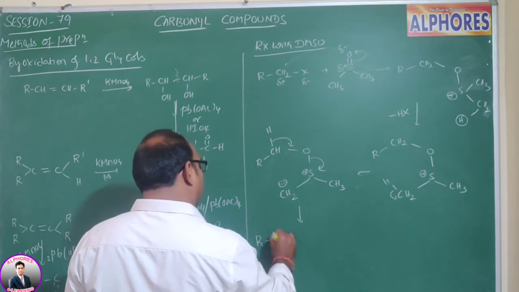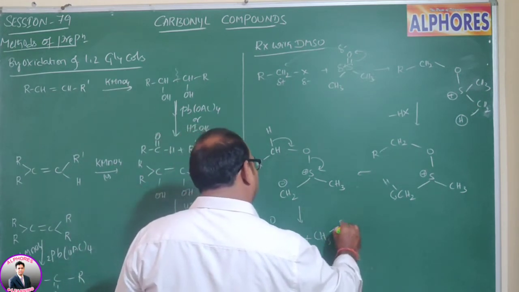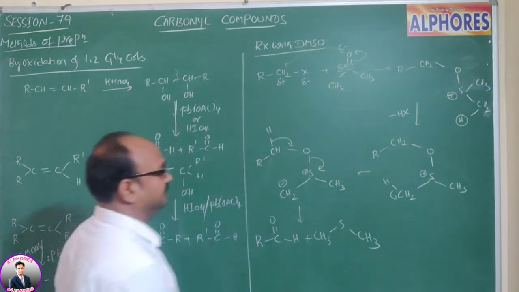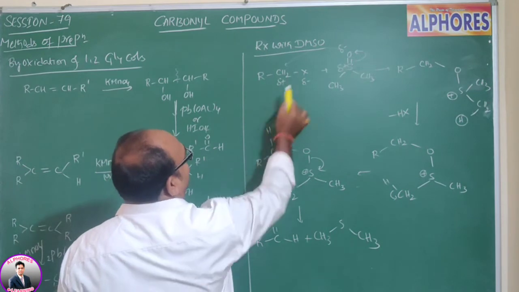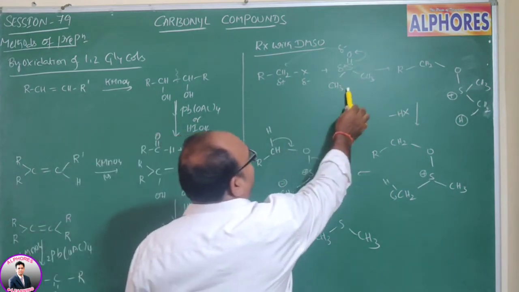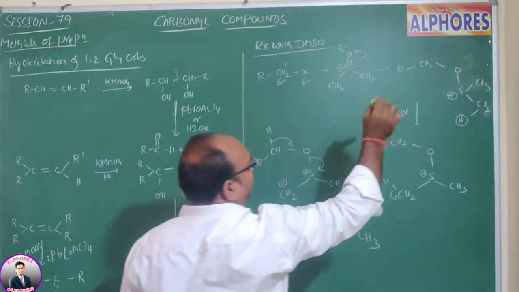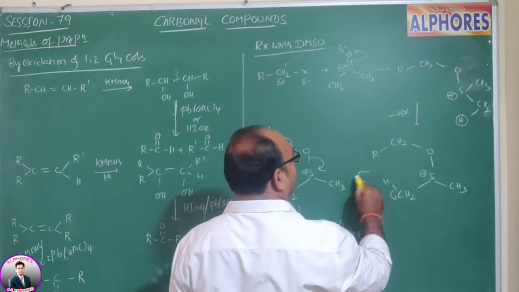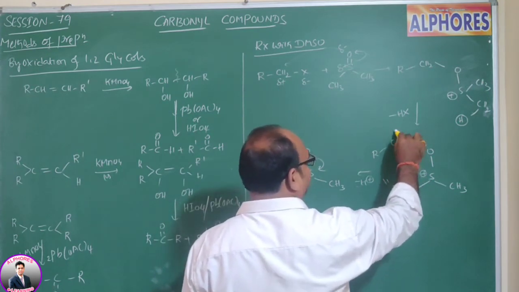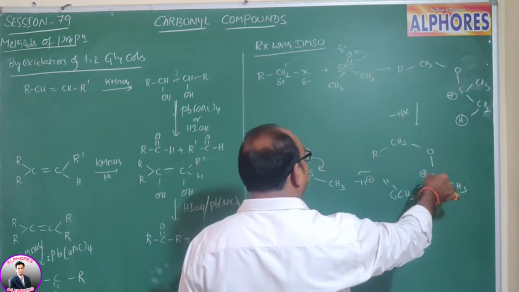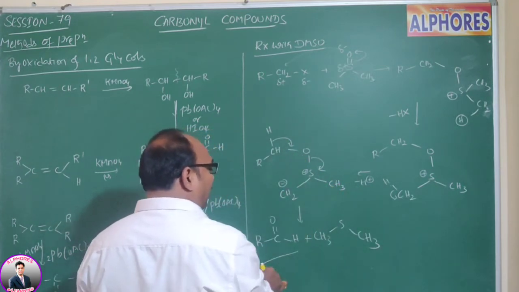Then we are getting R C double bond O H plus CH3 S CH3. This is the product. So considering a primary alkyl halide upon reaction with dimethyl sulfoxide, first you are getting the oxygen sulfur bond formation product, and later loss of proton H plus, and we are getting a carbanion, and one of the CH bond electrons shifted towards oxygen. These electrons are shifted towards the positive sulfur, resulting in formation of aldehyde and dimethyl sulfide.